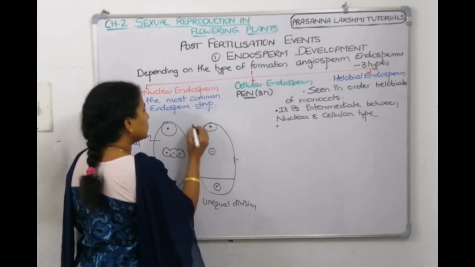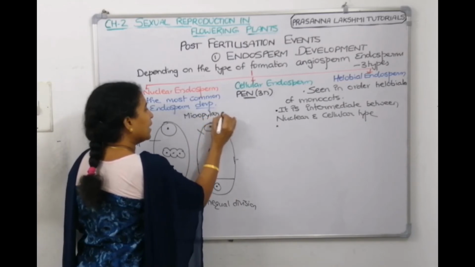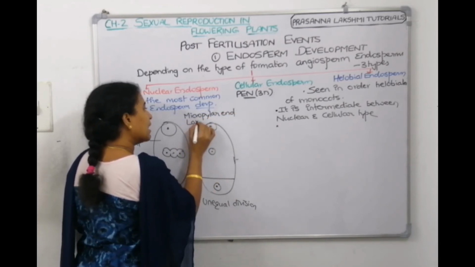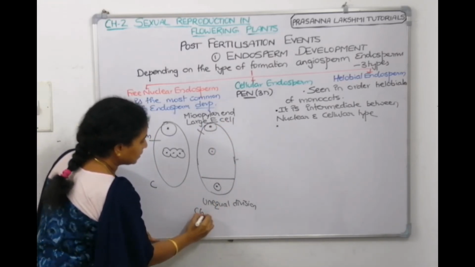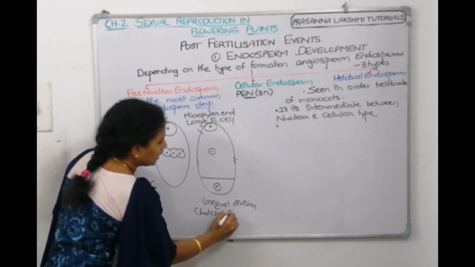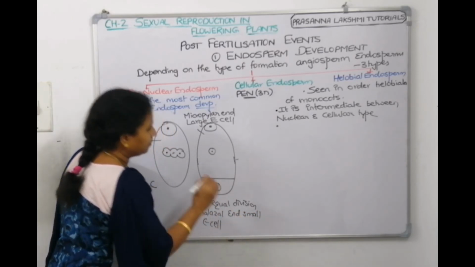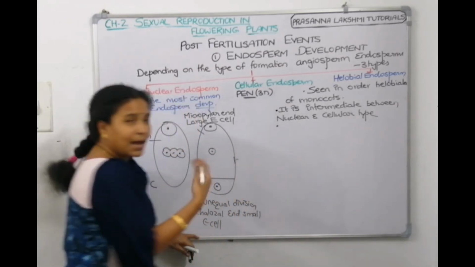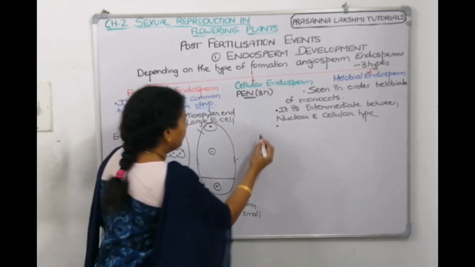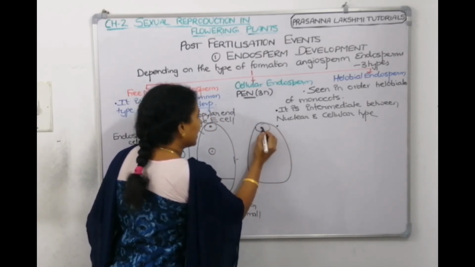What is this? This is the micropylar end and it is the large endosperm cell. And what is this? This is the callosal end small endosperm cell. Okay. Now, next what happens means they undergo divisions, right? This is the zygote.